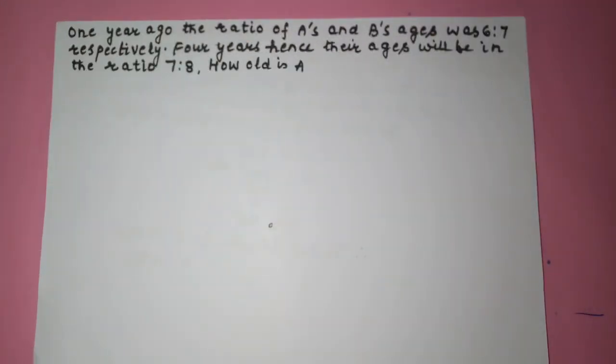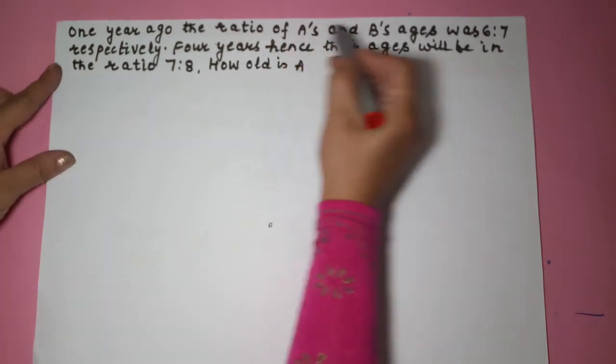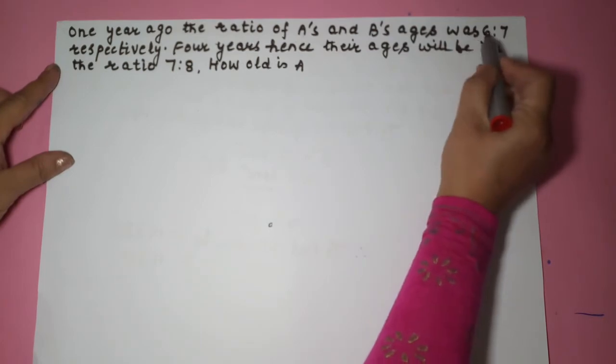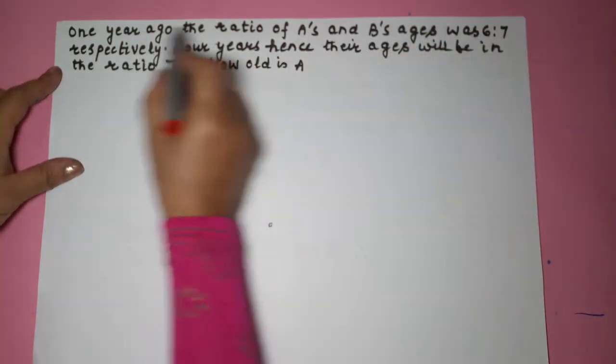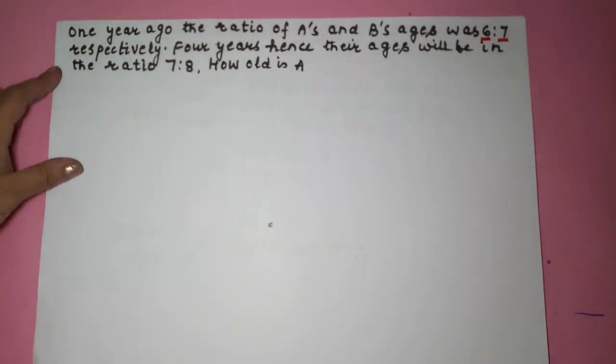One more problem on age. We have: 1 year ago, the ratio of A's and B's age was 6:7. Now see, this ratio of their ages is 1 year before, right?